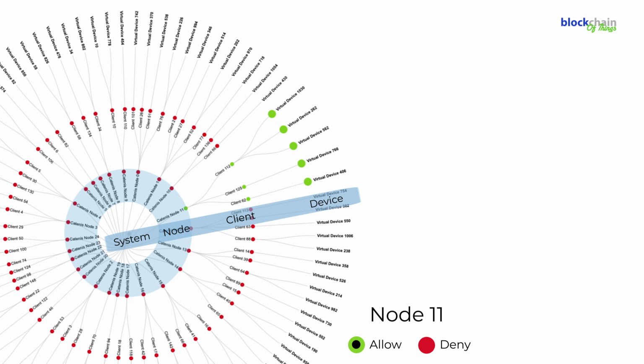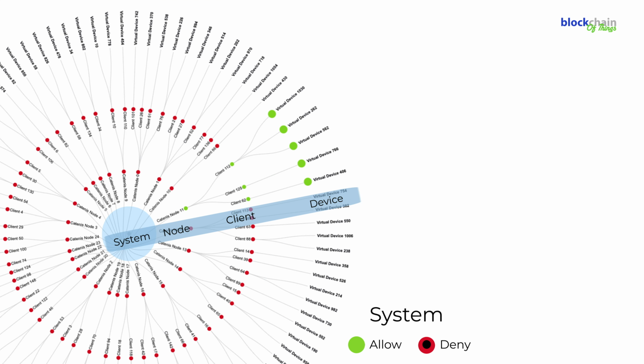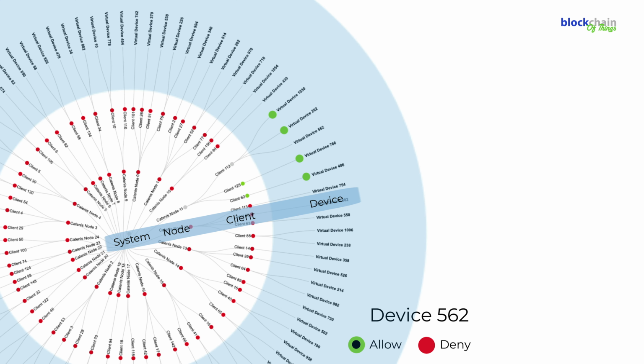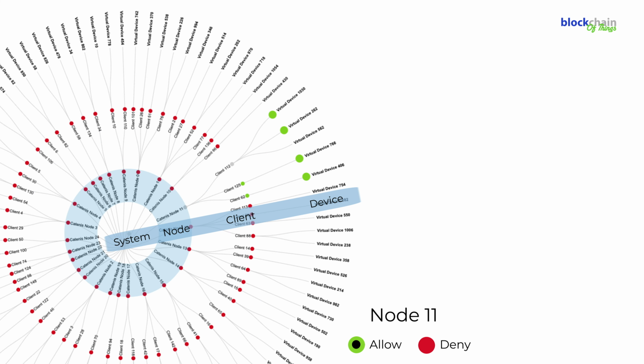However, the system evaluates permissions, giving precedent to the more granular virtual device levels over the very broad system level. The system first looks to see if a device is allowed or denied permission for a permissioned event. If there are no permissions set, then it evaluates the next level, which is the client level, then the Catenis node level, and finally the system level.